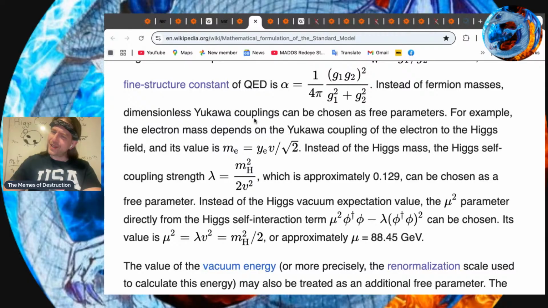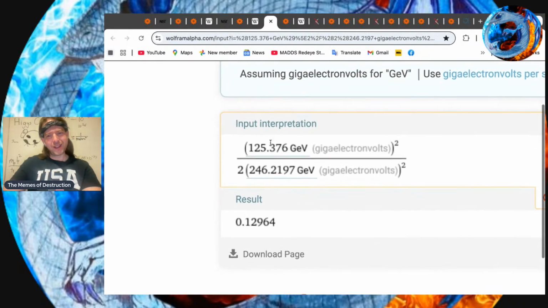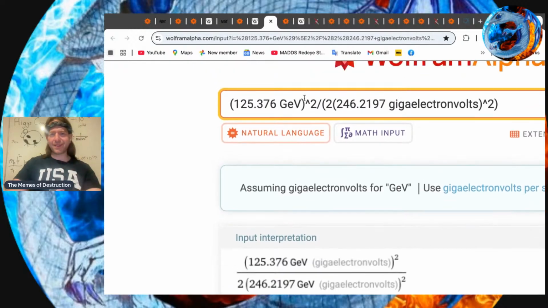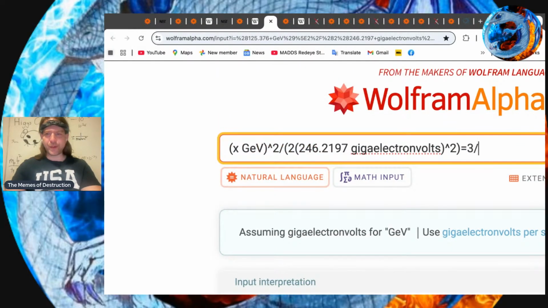So the vacuum expectation value, which should be okay. So what we're gonna do is assume that's right, and then it should let us back propagate the Higgs. All right, so let's set this. Let's solve for x. That equals 3 over Gelfand's constant.